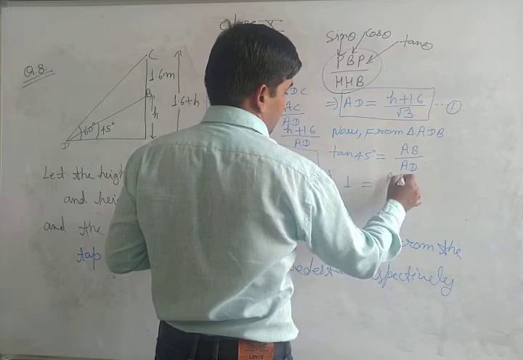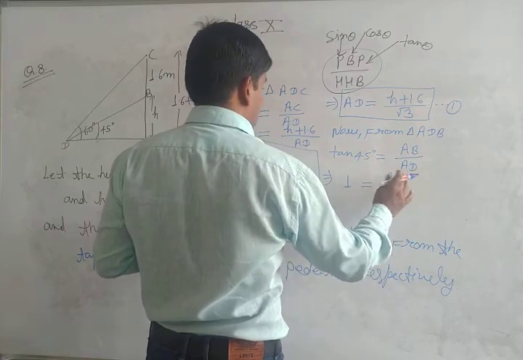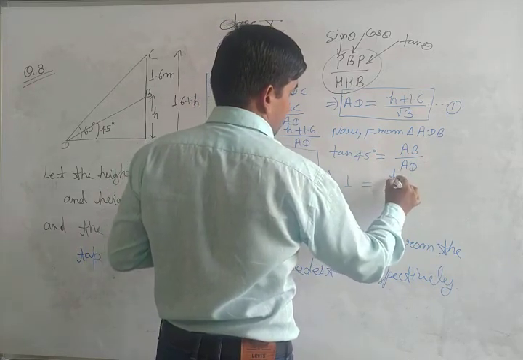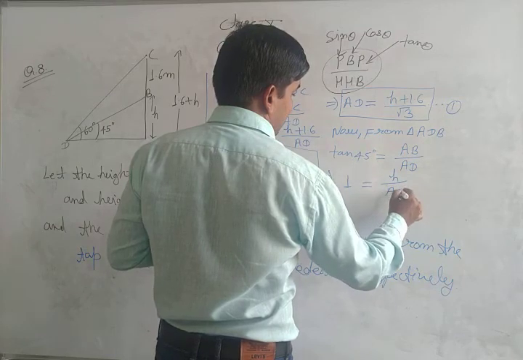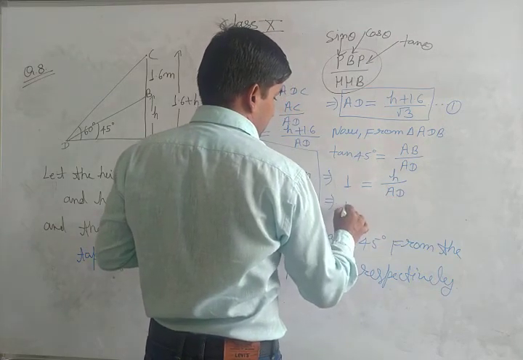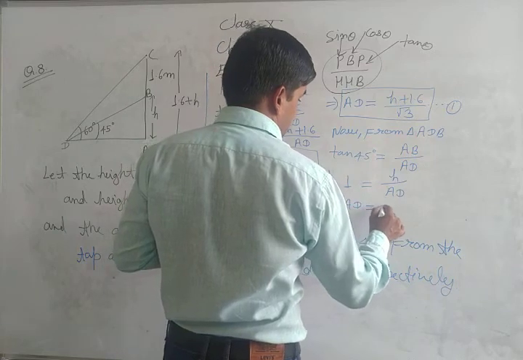AB equals h upon AD, implies that AD equals h.